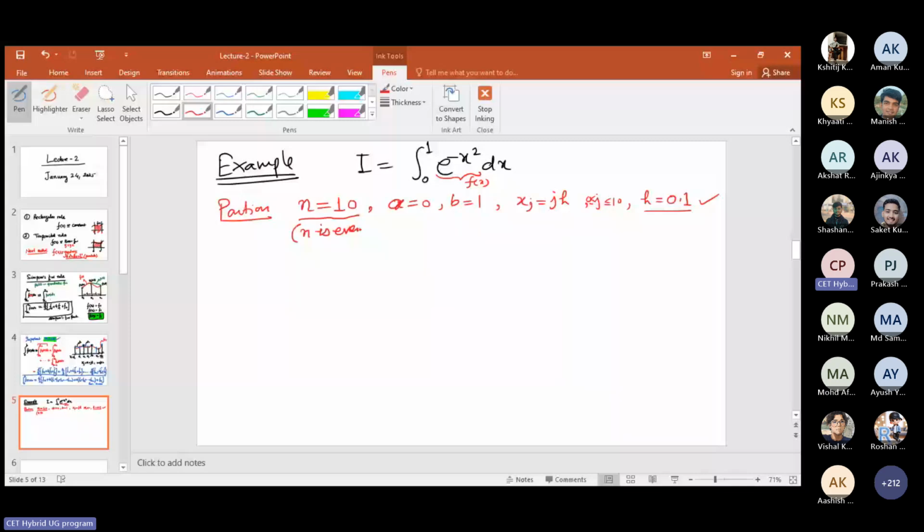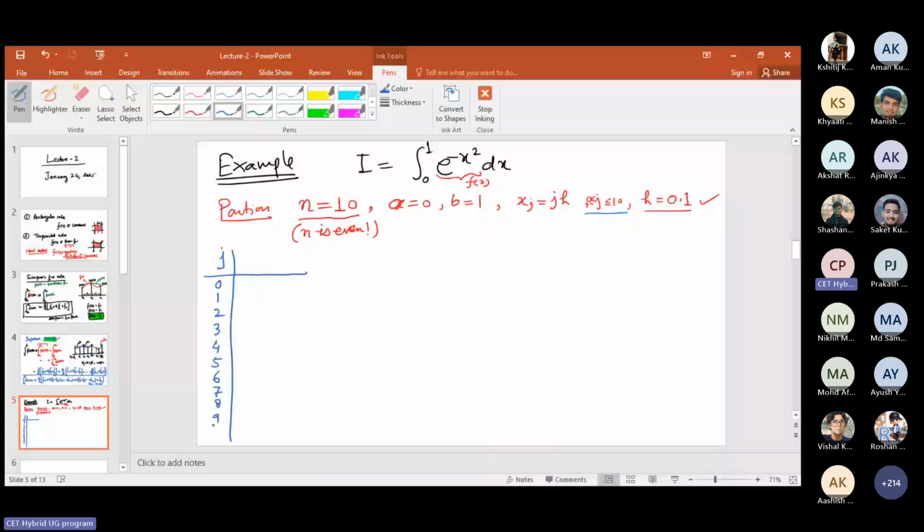So in the tabulated values we first mention j so that we can find f0, f1, etc. from here. j equals 0, 1, 2, 3, 4, 5, 6, 7, 8, 9 and 10.